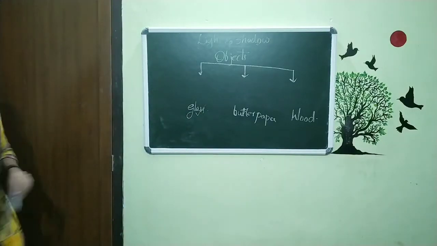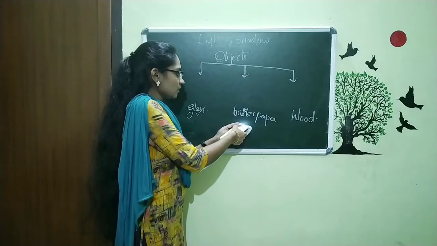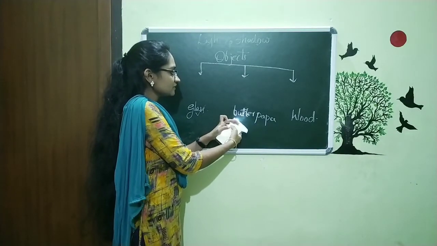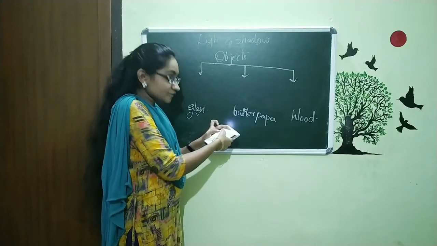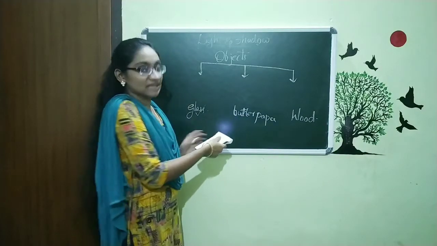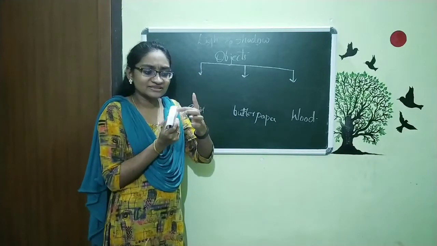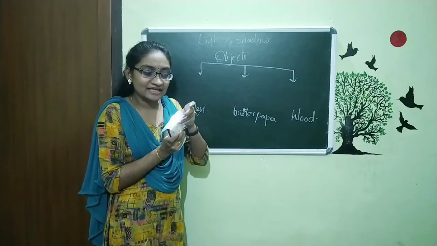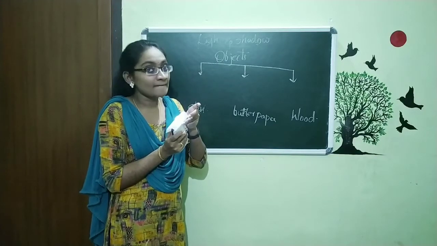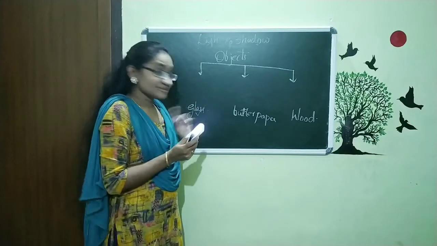And again we are repeating the same procedure, giving light through this, and observing what happens. So I am taking the torch and giving light. Now can you see the light on the blackboard? Yes, you can see, but it is not at all clear like our glass. It is transmitting. You can see the light is transmitting through this butter paper, but not so clear as glass. Glass is very clear.